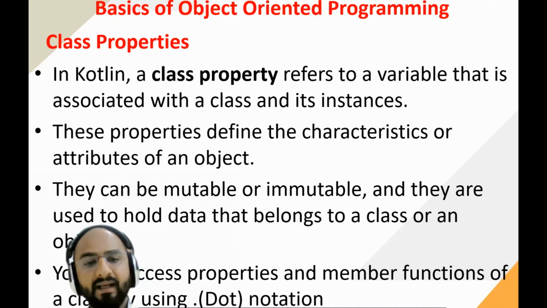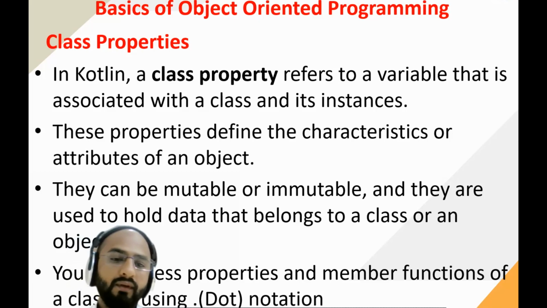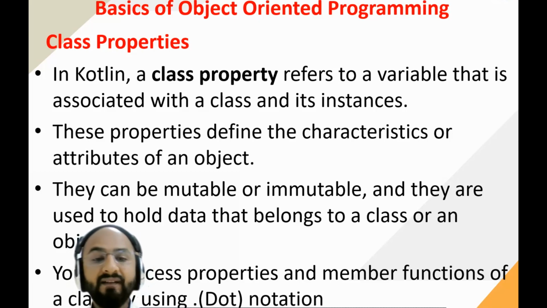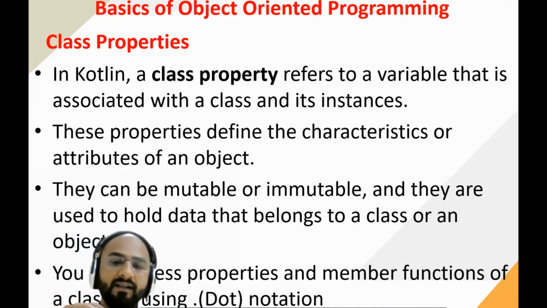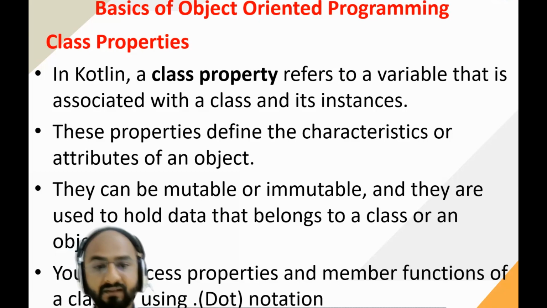And what is the use of that property? The property is used to hold the data that belongs to the class or object. Where will your data actually be stored? Your data will be stored in that class property. That is why it is written over here. So that property can hold the data, can store the data in the memory.